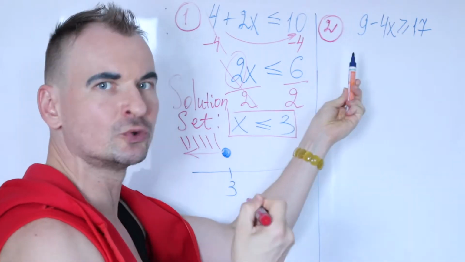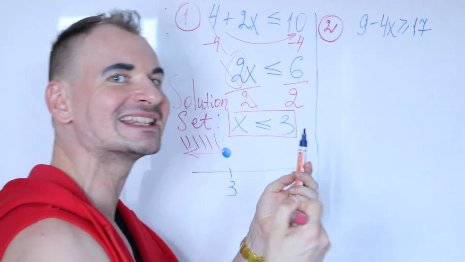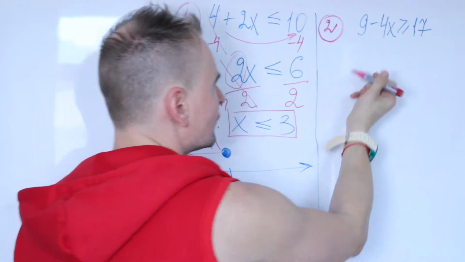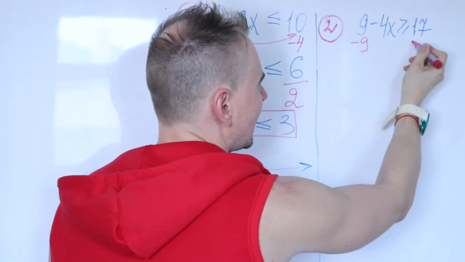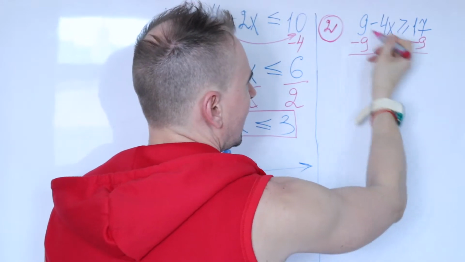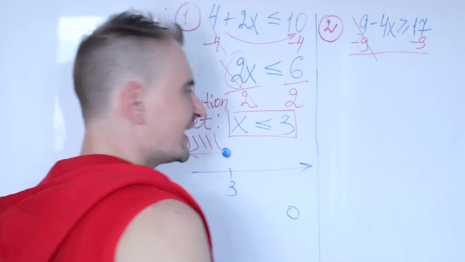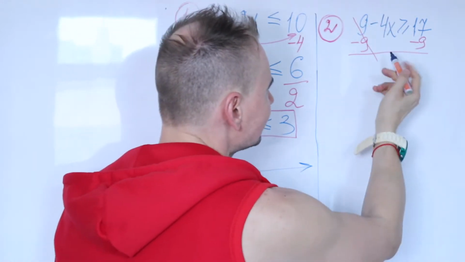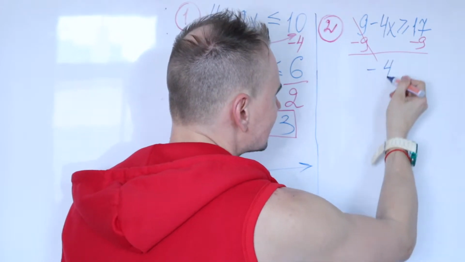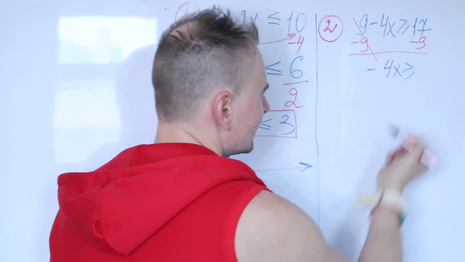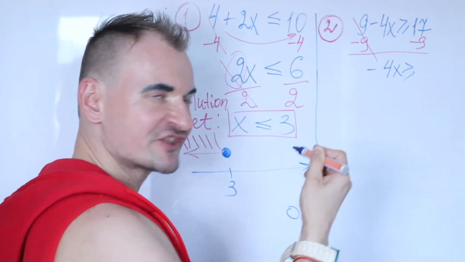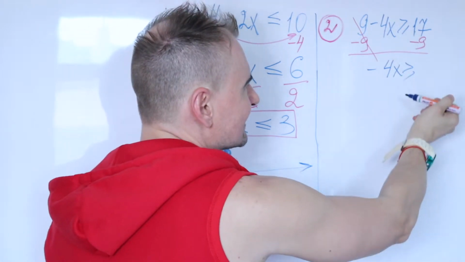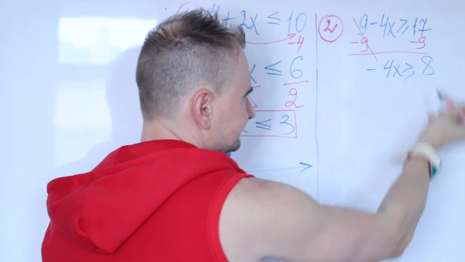You do the opposite operation, so you subtract 9 from both sides, and it goes away. In the next line, -4x is greater than or equal to, you keep it as is for now, since 17 minus 9 gives you 8.